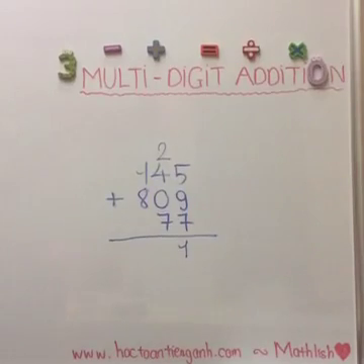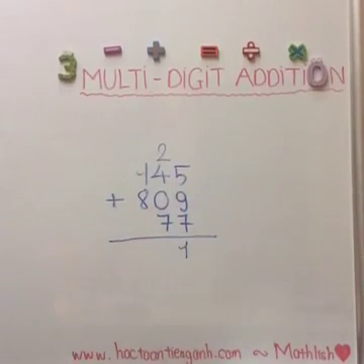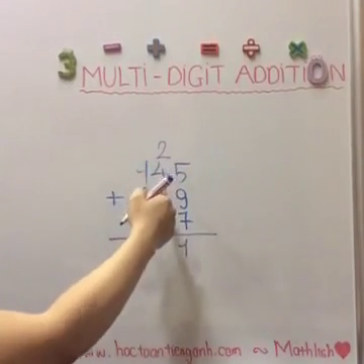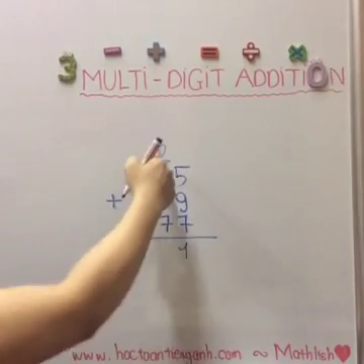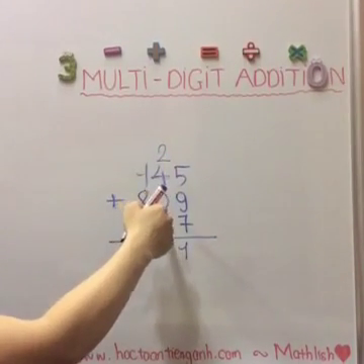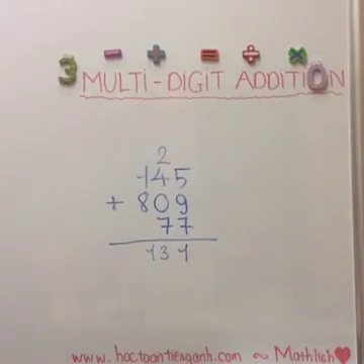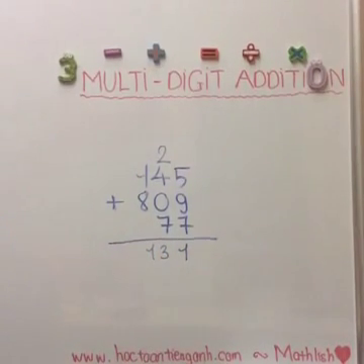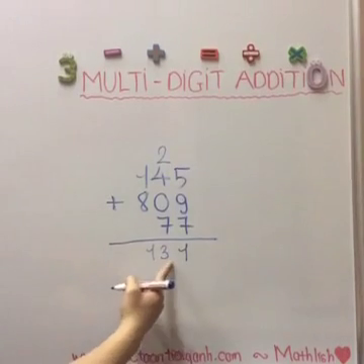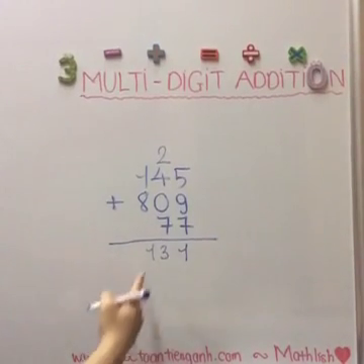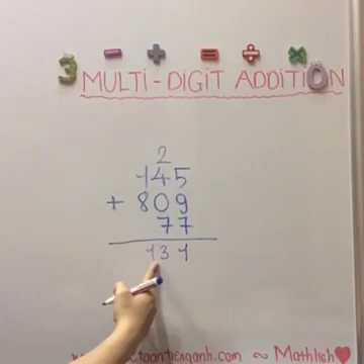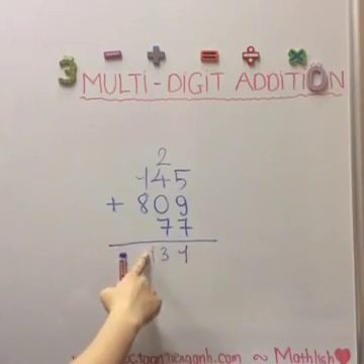Now, we add the next column, and there are 4 digits to add. 2 plus 4 plus 0 plus 7 equals 13. Just another 2-digit answer, so we carry the 1 and leave the 3 in the tens place.